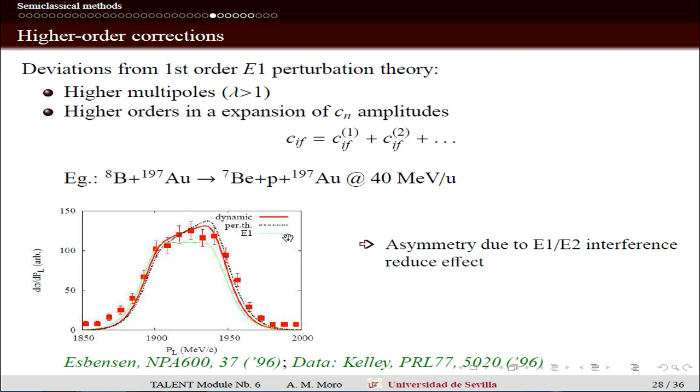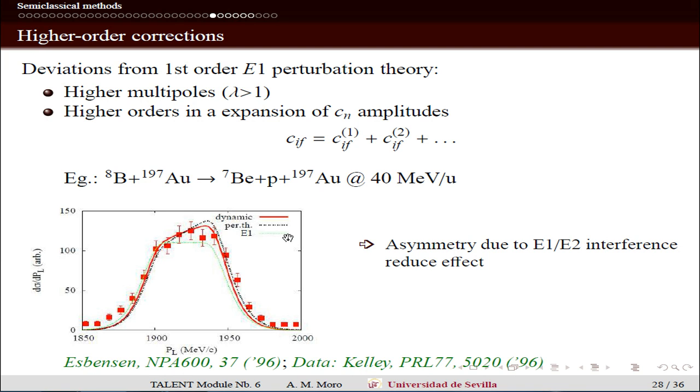Then there is also a red line that is called here dynamic. This dynamic calculation corresponds to the solution of the full problem without making this perturbative approximation. So it's the full solution to all orders of the coupled equations. You see that the full solution shows this asymmetry. This asymmetry is characteristic of this E1, E2 interference effect or higher order effects.